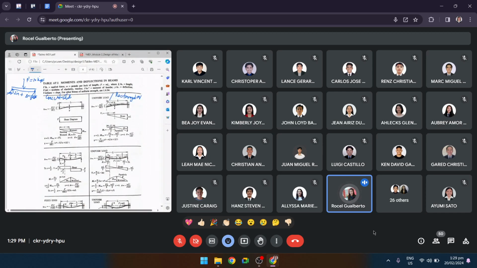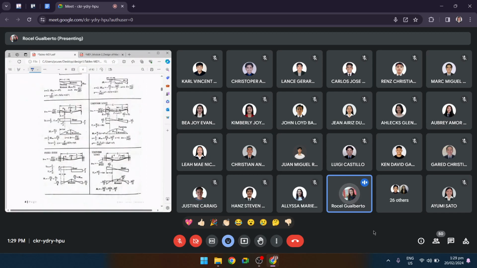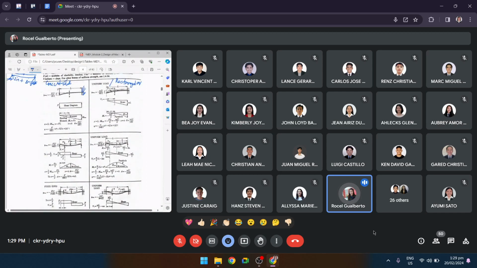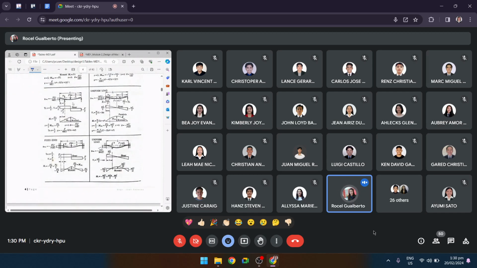So, I will be using row 1. Try to check which one is similar to ours on table 82. Looking at the first figure, these two are different. Why? It is fixed at this end, and none of ours is fixed. So, that is not it. You go to the next one. Okay, this is it.